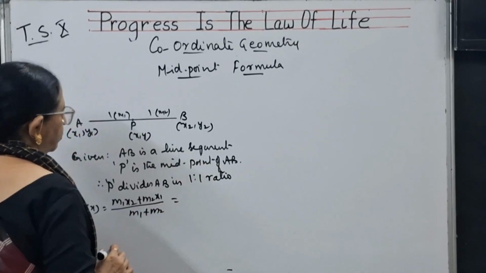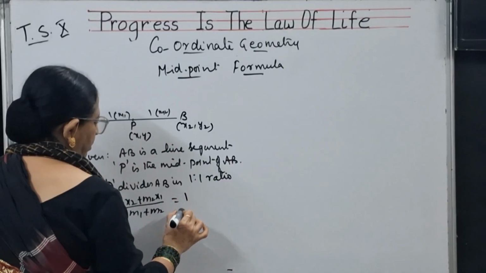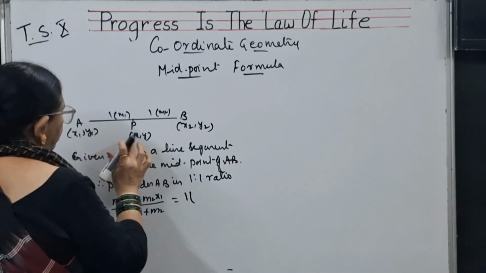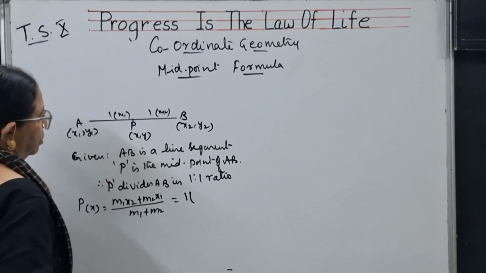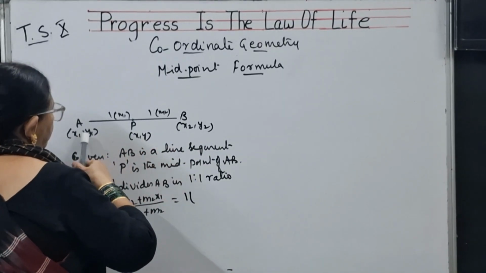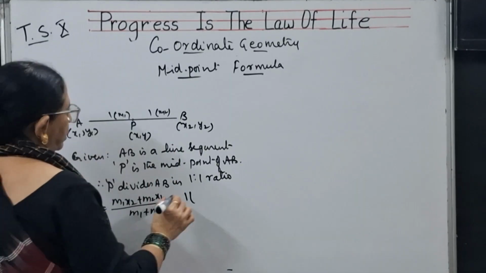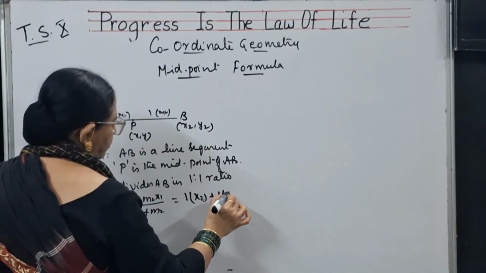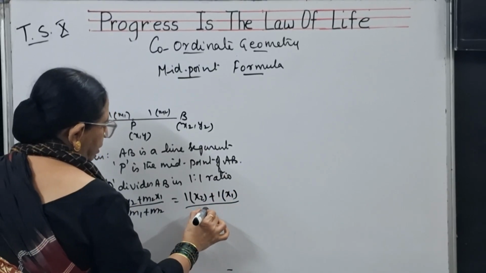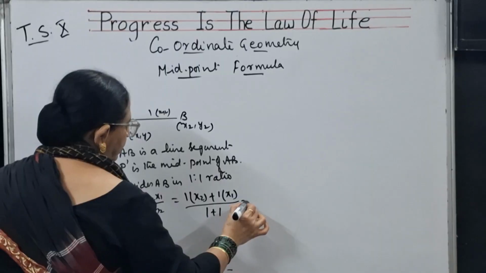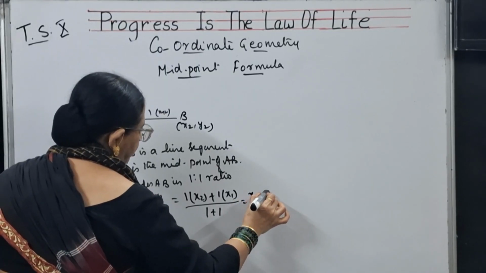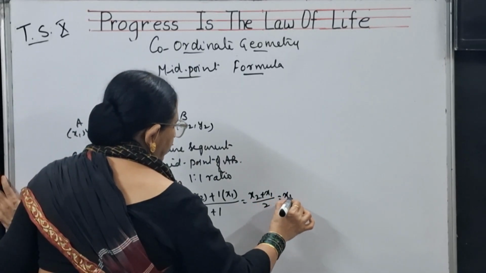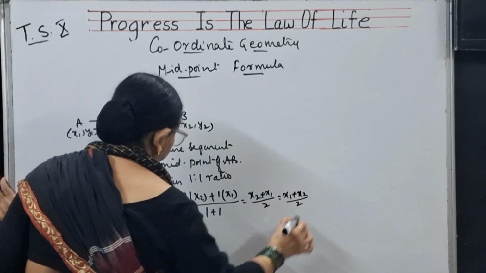So what is m1? 1. So 1 into x2, x2 only, plus m2, 1 into x1 is x1, by m1 is 1 plus m2 is 1. That means x2 plus x1 by 2. That means x1 plus x2 by 2.